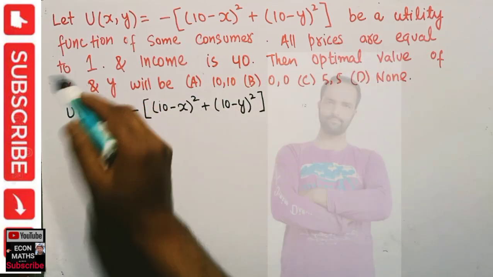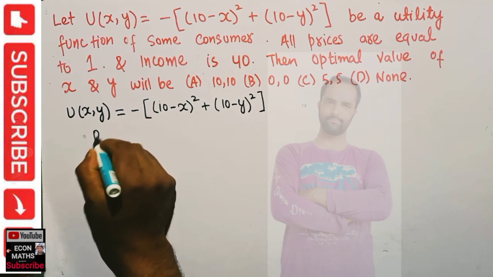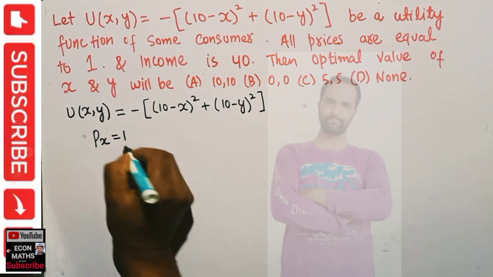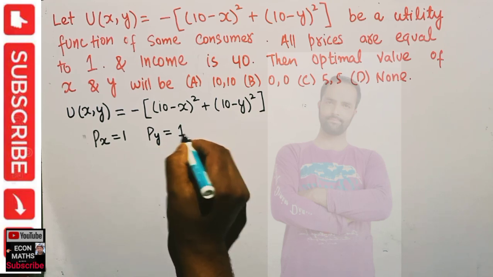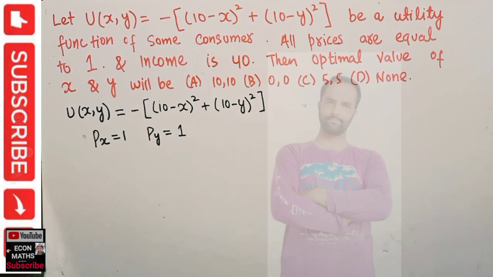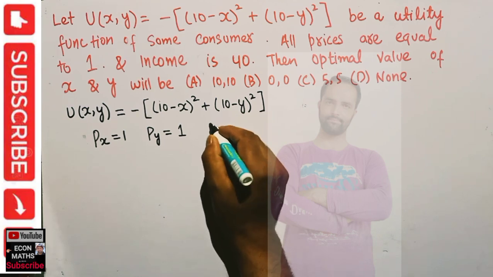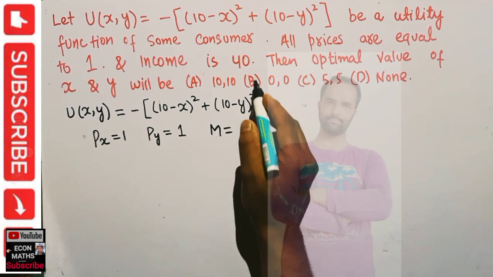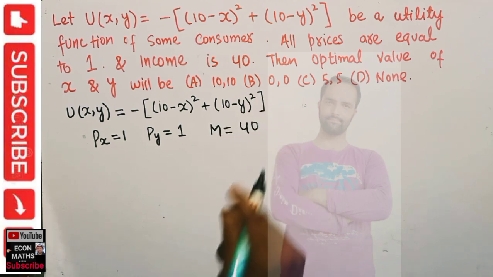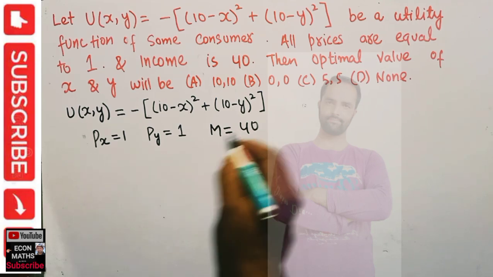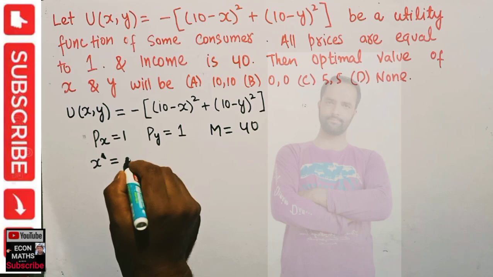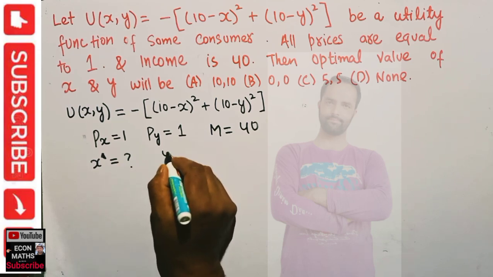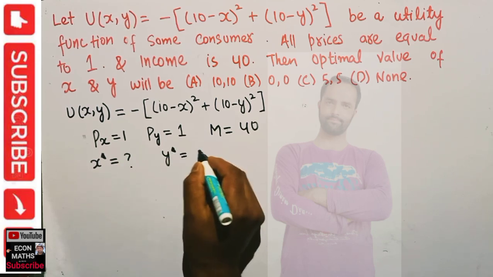Prices are equal to 1. That means price of good x is 1, price of good y is also 1. So we have same unit price for good x and y. Income of the consumer is given as $40. We need to find out the optimal value of x and optimal value of y.